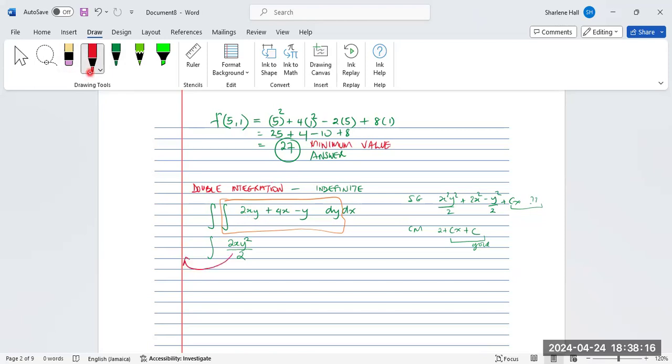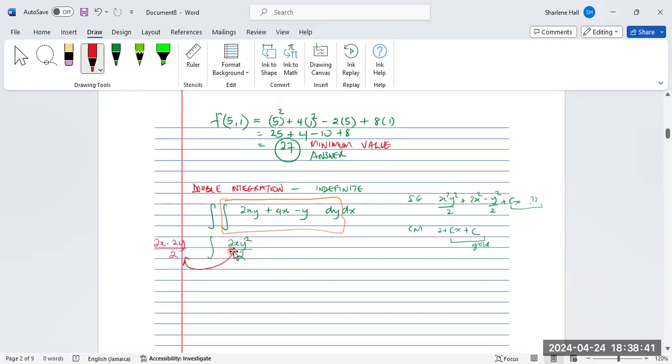If I differentiate this with respect to y, I'm going to get 2x times 2y over 2. I'm finding the partial derivative of 2xy squared over 2 with respect to y.